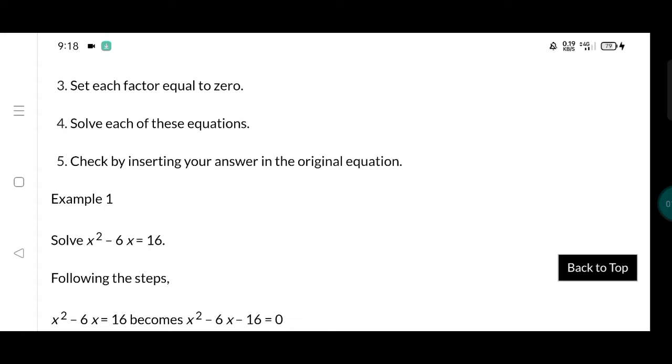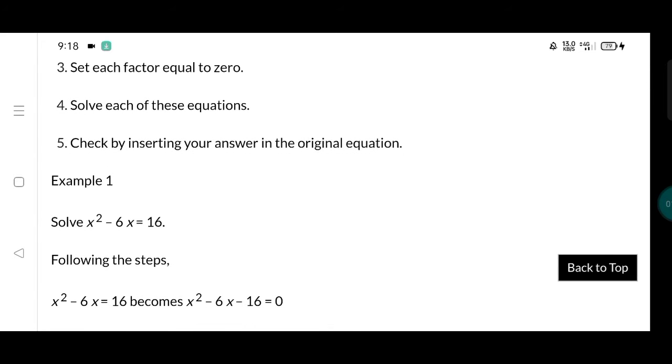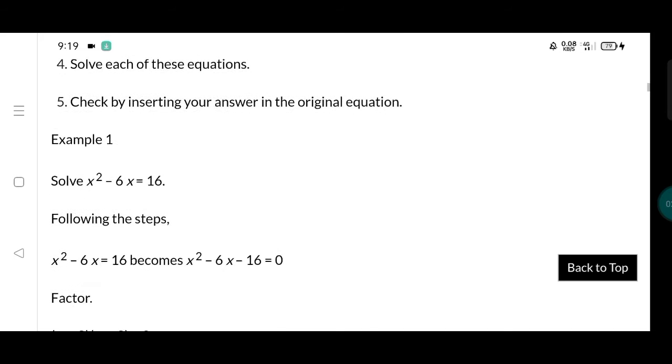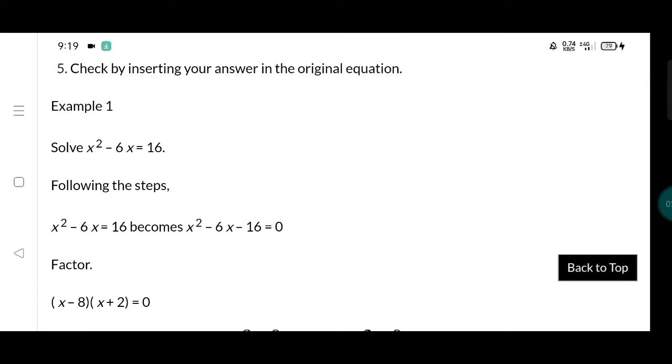For example, x squared minus 6x is equal to 16. Following the steps, it will become x squared minus 6x minus 16, since we have moved the 16 from the other side of the equal sign, so it becomes negative.